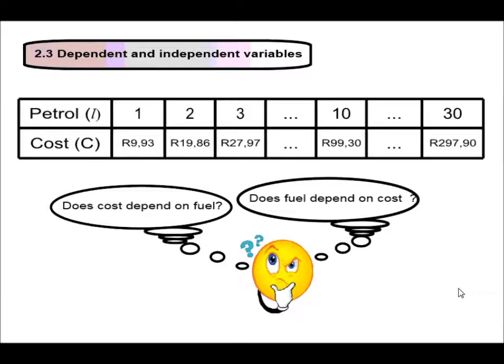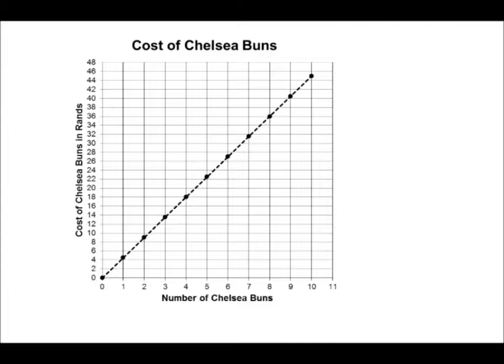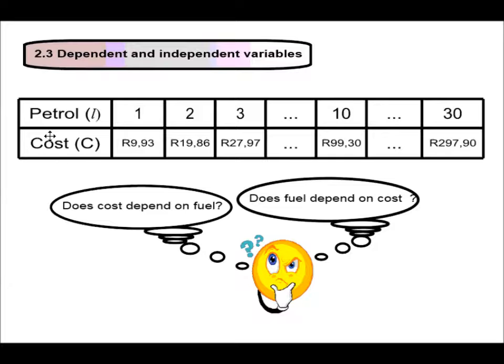So the number of liters register on the Bowser, and depending on how many liters of petrol you put in the tank will determine the cost. So the cost depends on the amount of petrol you put in. So from that we can say petrol is the independent variable.